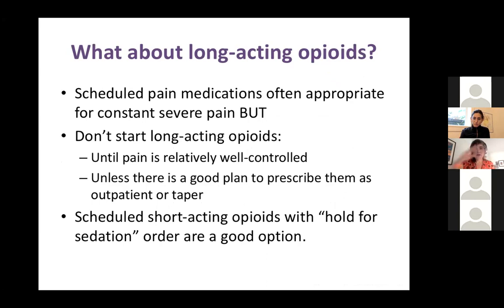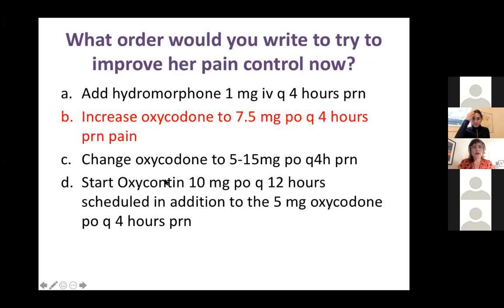And for somebody who's going to be leaving the hospital soon, you need to confirm that this is somebody who's appropriate to be taking long-acting opioids for a period of time at home, and has somebody who will prescribe them or some way to taper them down, because people will go into opioid withdrawal and that's uncomfortable for them. So again, scheduling short-acting opioids with a hold for sedation order is a good option. And again, B is my preferred answer.